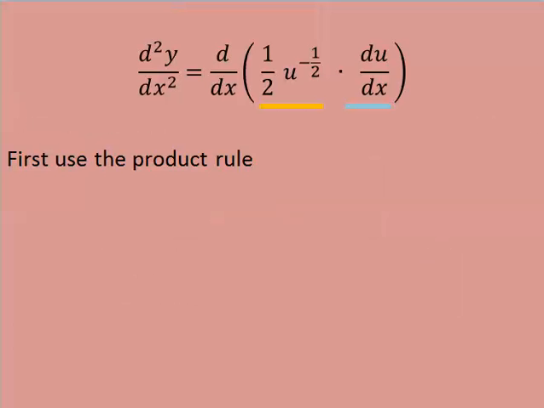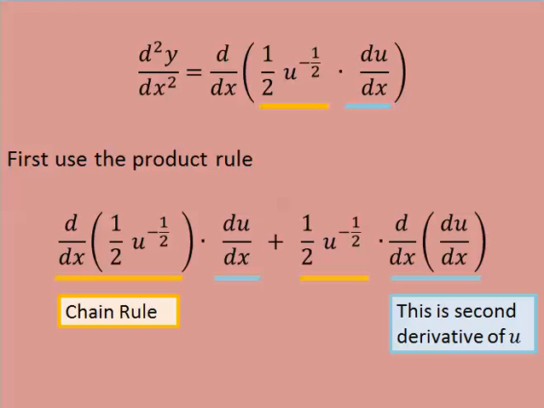In order to do that, I'm going to need the product rule, because dy dx is equal to this product of 1/2 u to the negative 1/2 times du dx. So to take the derivative of that, I'm going to need the product rule. So I set up the product rule.